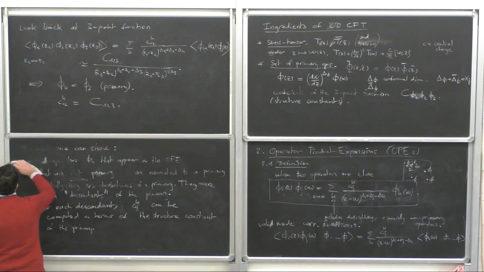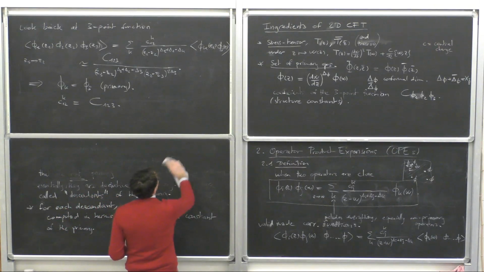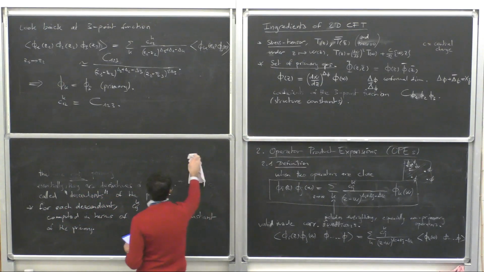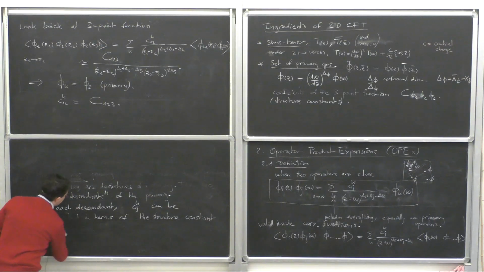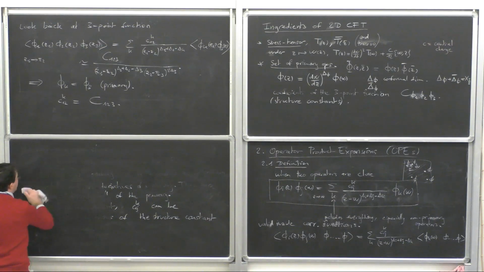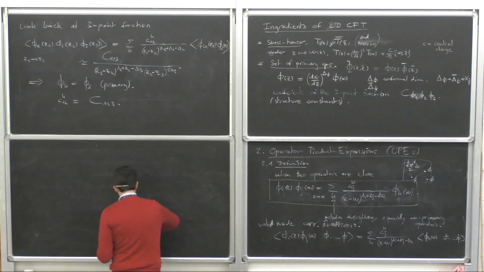Now, at this point we have talked about the stress tensor, we've talked about these primary operators and their correlation functions. Now there's one thing that we need to make the whole thing consistent.